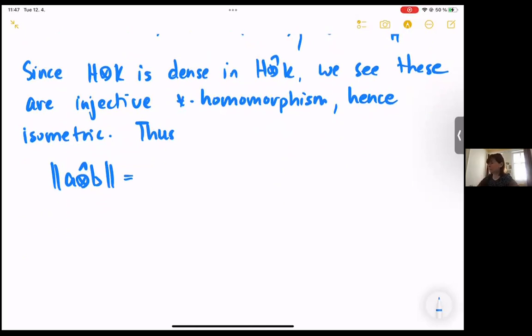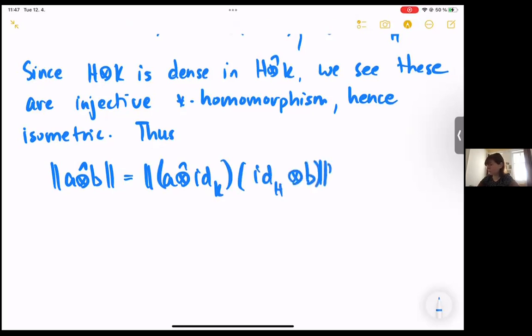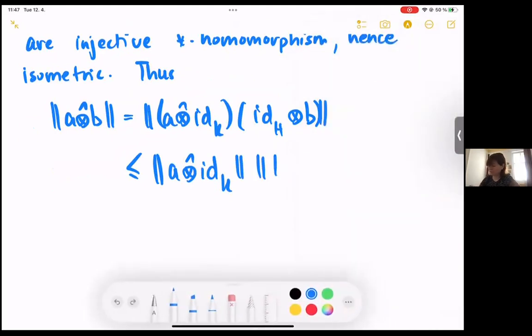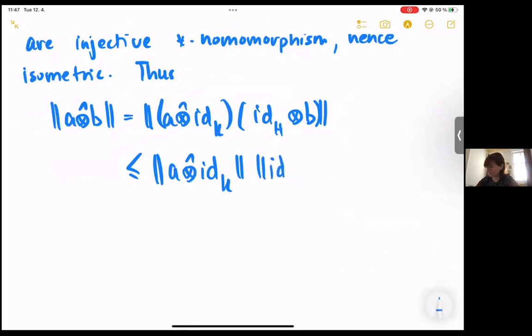Okay, so this is then the same as taking, which by properties of operators on a Hilbert space is bounded by, or I guess even more generally, the fact that this is a C star norm, so it's going to be some multiplicative.